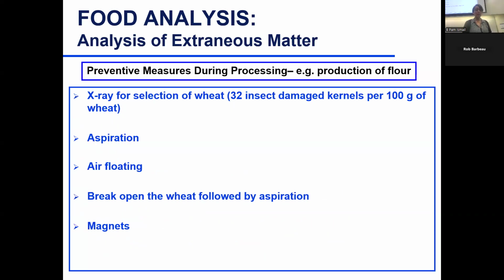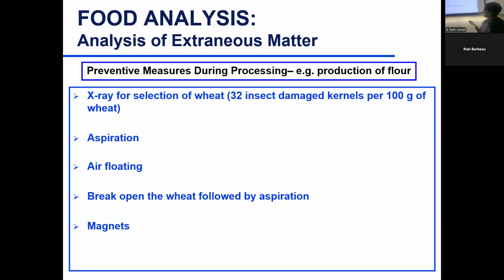So, last slide. To prevent, we do the X-ray and we count and we get rid of those with high infestation. We can get rid of insect fragments in grains by aspiration, blowing air. We can get rid of heavy filth by running our grains on a belt, and the belt has holes and you run air, so the pebbles and heavy filth will stay and your grains will be floating.